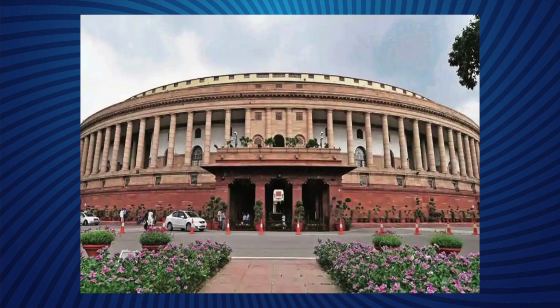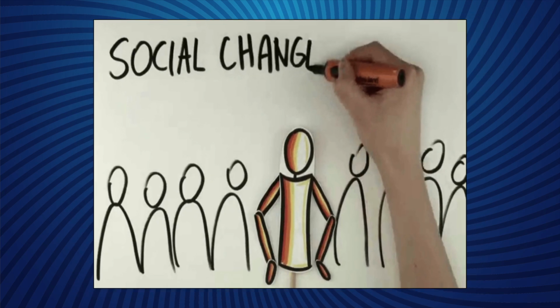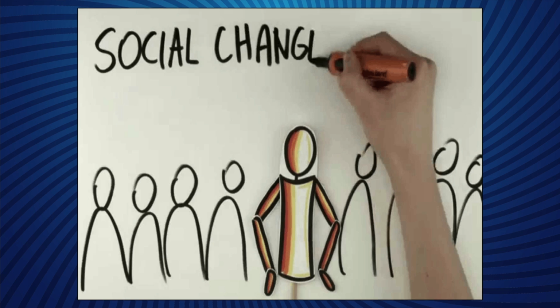Legislations, particularly social legislations, have played an important role in bringing about social change. There are two opinions about the functions of law. The function of law, according to one view, is to establish and maintain social control.